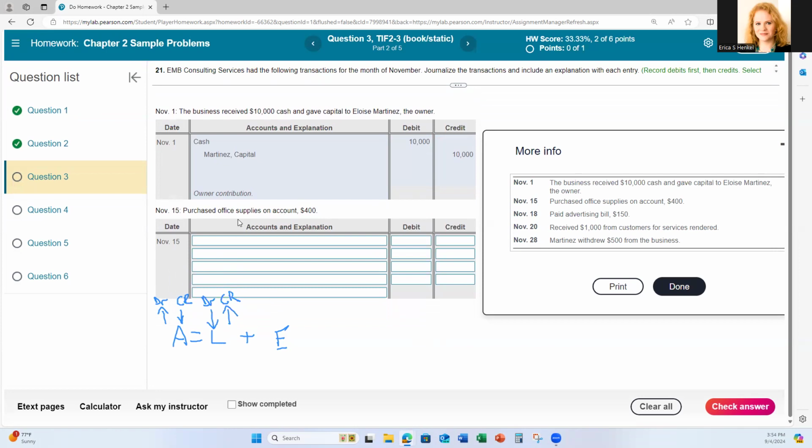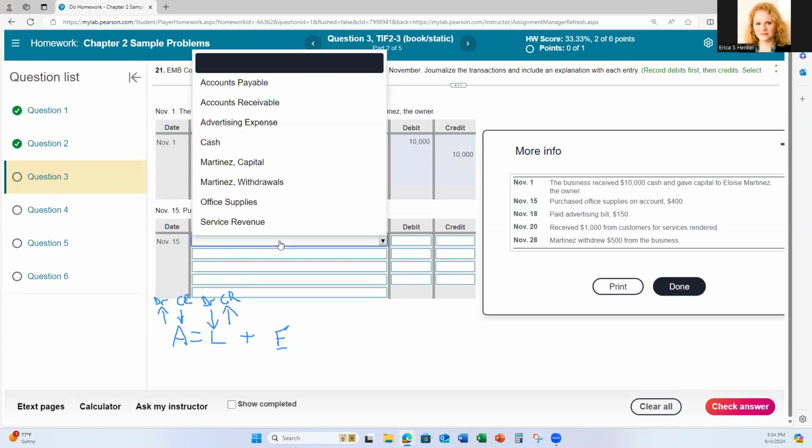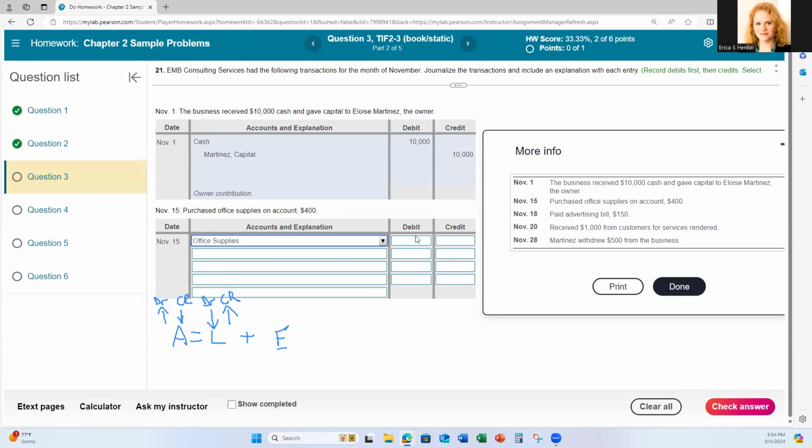Purchasing office supplies on account means we're going to be increasing our office supplies, and we are going to be recording that we owe somebody else. So that would be an account payable. Okay. So we're going to debit our office supplies here for the $400.